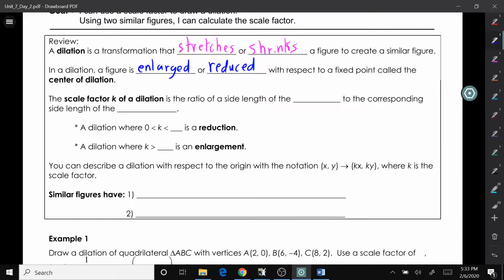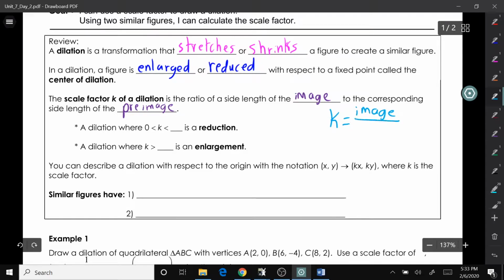The scale factor of a dilation is a ratio of a side length of the image to the corresponding side length of the pre-image. So what that means in an equation or normal people words is that your scale factor is the image over the pre-image.